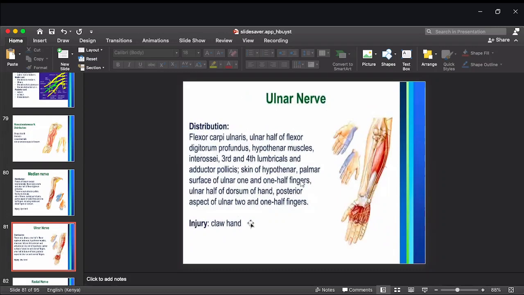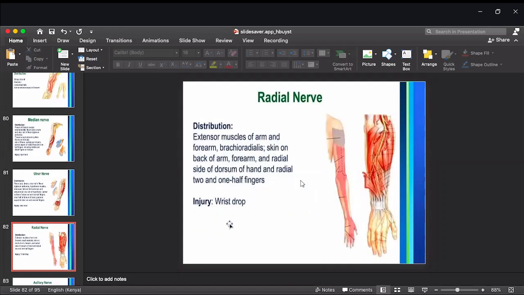The ulnar nerve mostly supplies the third and fourth lumbricals, the hypothenar muscles, flexor carpi ulnaris, the ulnar half of the flexor digitorum profundus, and the interossei. So injury of the ulnar nerve will give you a claw hand. The radial nerve is what will give you the wrist drop.